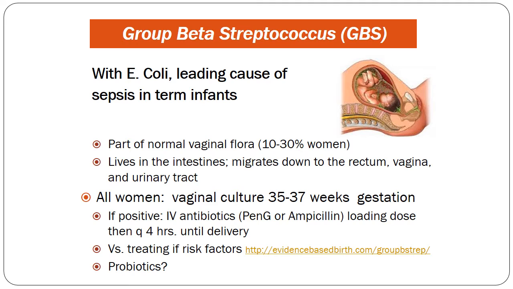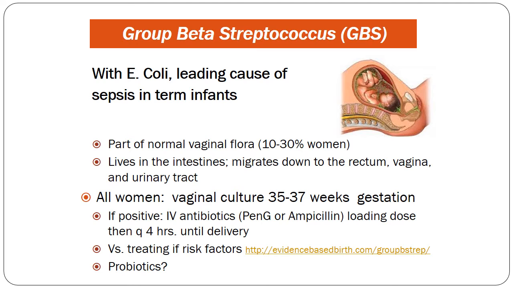So we talked about group B strep when we talked about infections, and along with E. coli, these are the leading causes of sepsis in term infants. So group B strep and E. coli. So realize that it's part of normal flora in women, and it lives in the intestines, migrates down to the rectum, the vagina, and urinary tract. We vaginally culture all women at 35 to 37 weeks gestation.